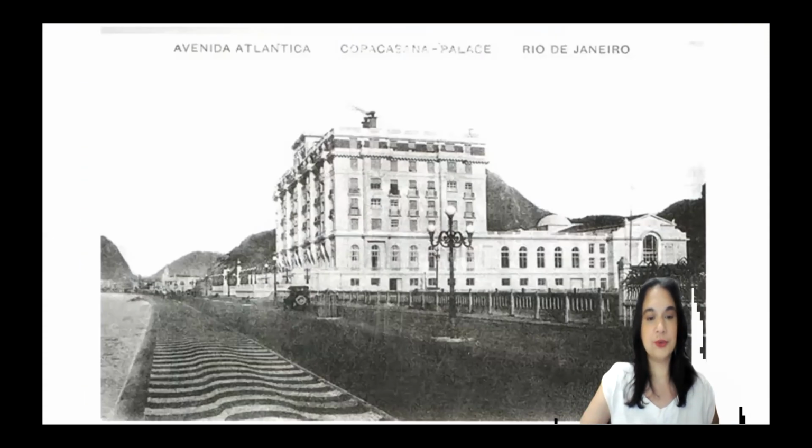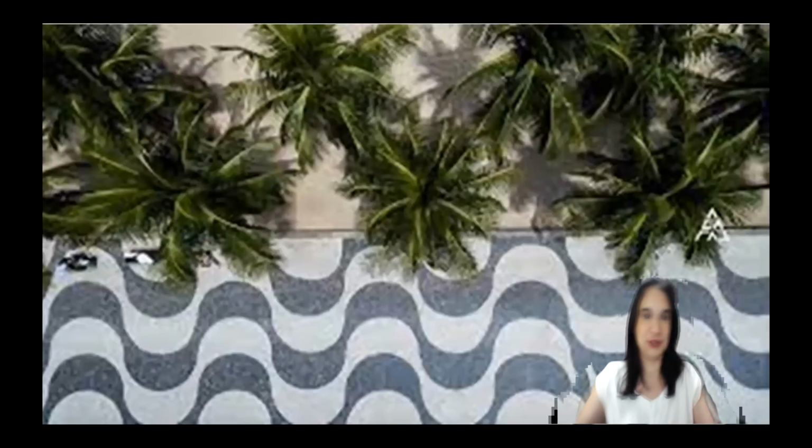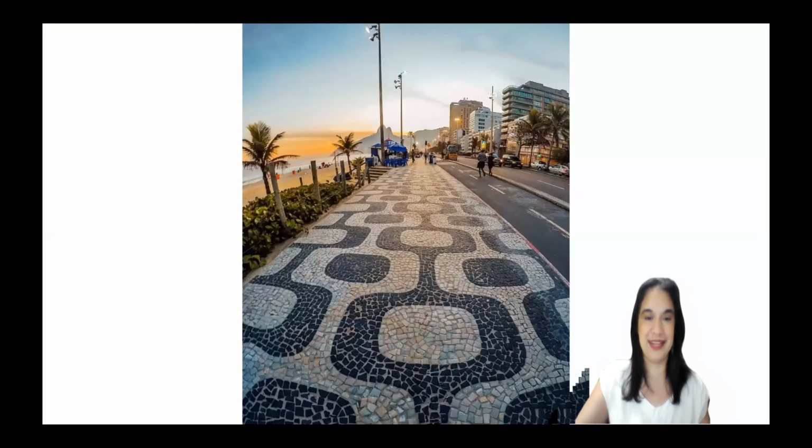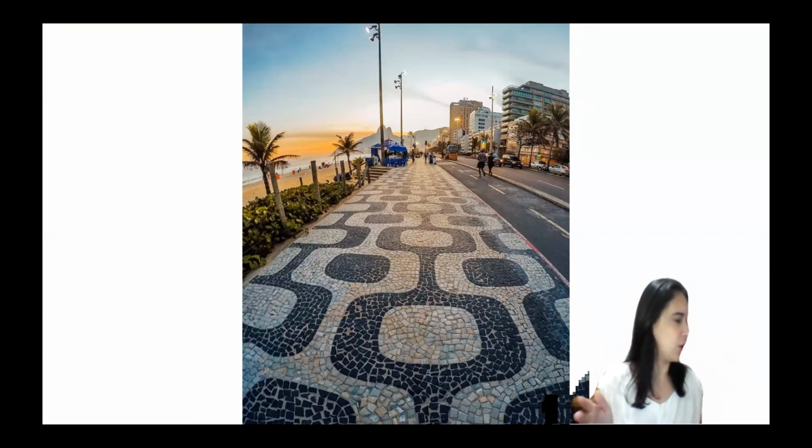Moving on to the next neighborhood after Copacabana, and literally because this neighborhood that I'm going to talk about now is Copacabana's next door neighbor, which is Ipanema. So the thing with Ipanema is that just like Copacabana, until Pereira Passos came along, nobody was interested in living there and all of that.